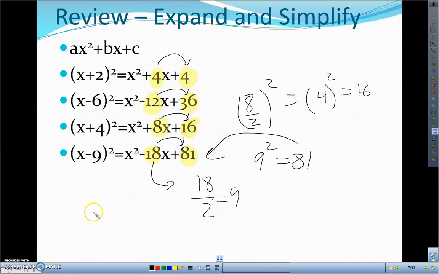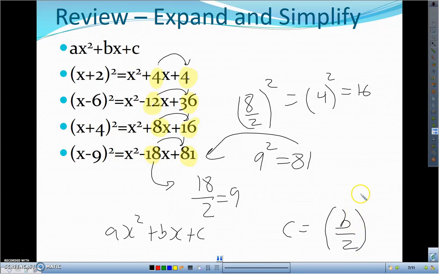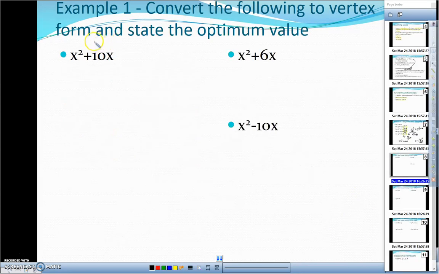So what we start to see, if you remember the standard form equation, ax squared plus bx plus c, then we know that if it's a perfect square, then c is equal to b over 2 squared. So getting into example 1, we have this: convert the following to vertex form and state the optimum value.